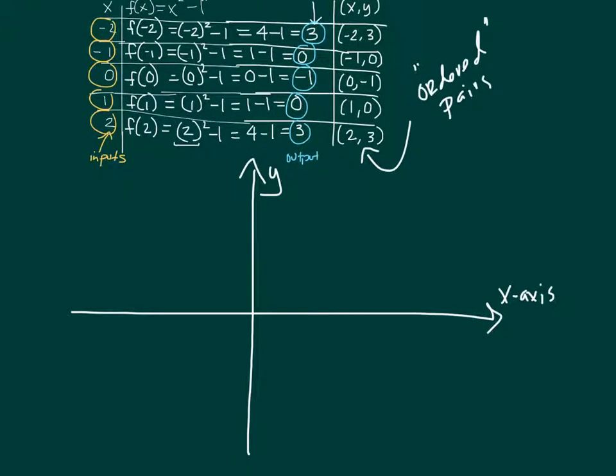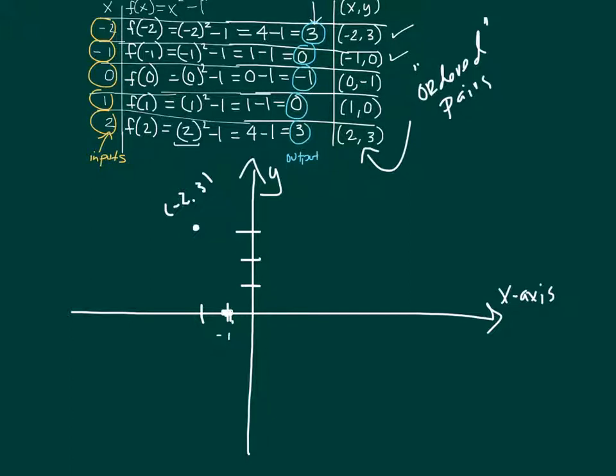Negative 2, comma 3 is right here. And the next one is negative 1, comma 0. So negative 1 is right here, and then I'm going 0 up. So there's another point. There's negative 1, comma 0.